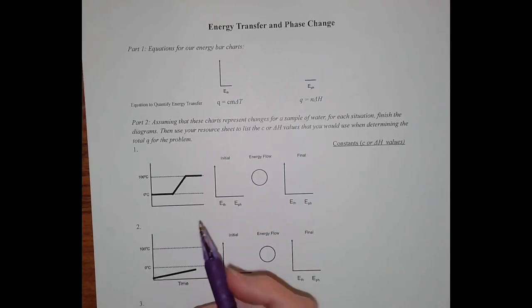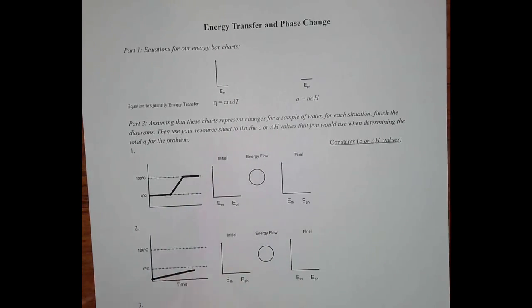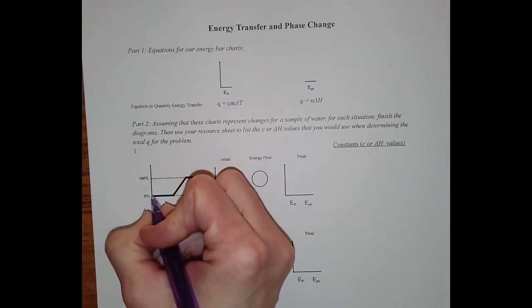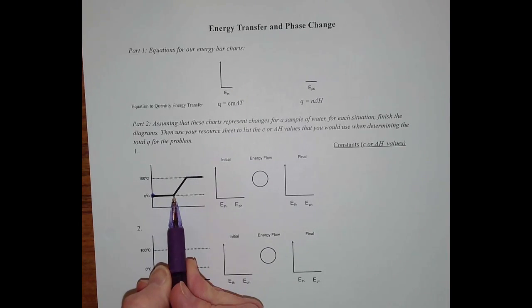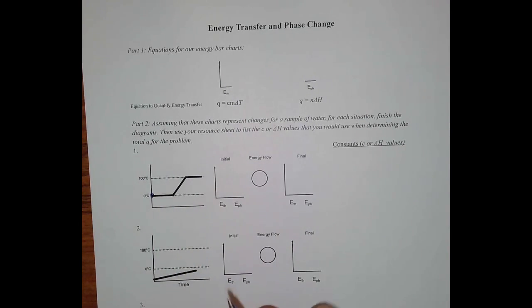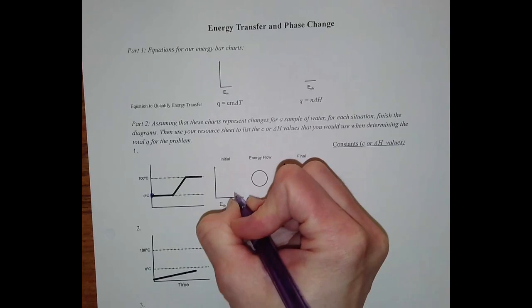So if I want to describe this little adventure, I am starting right here. I am ice at 0 degrees Celsius. Water at 0 degrees Celsius is on the other side of the plateau. So I'm in the solid state.